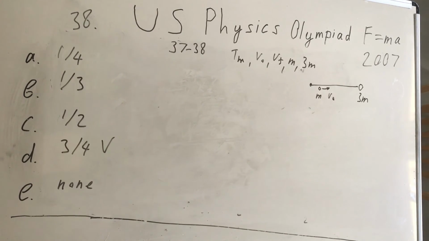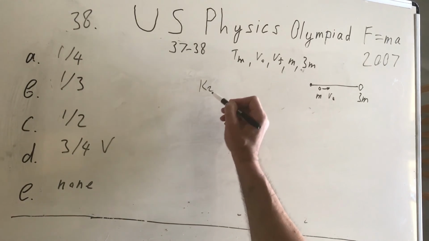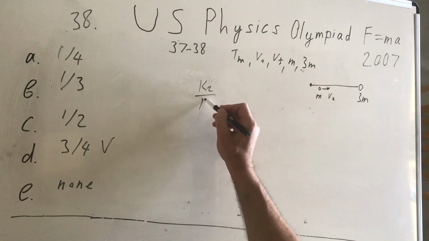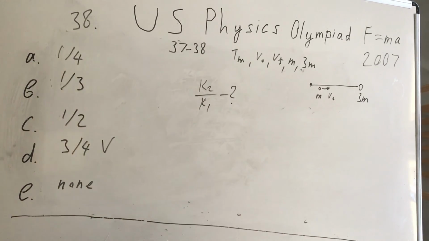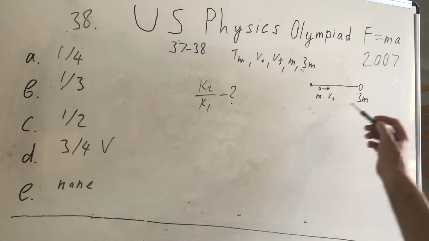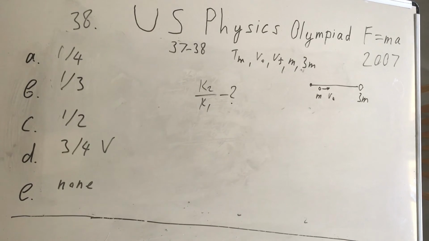Problem number 38. Find the ratio of the total kinetic energy of the system of two masses after the perfectly elastic collision and the cord has broken to the initial kinetic energy of the smaller mass prior to the collision. So we need to find K2, final kinetic energy, over the initial kinetic energy. From the first problem we already found how much energy we lose for a cord break, this potential energy.